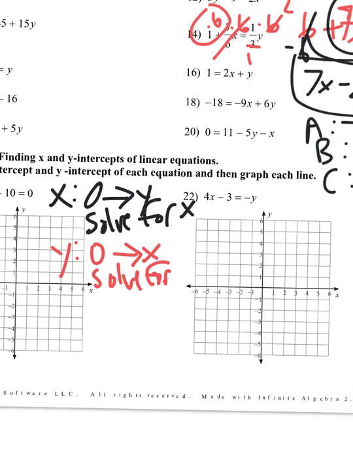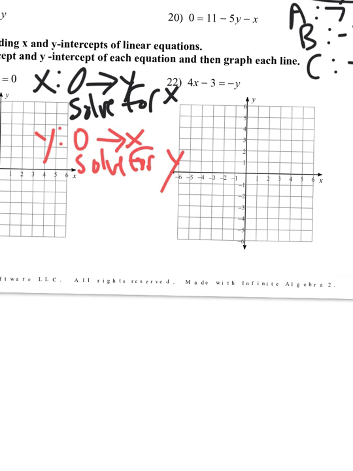for y. Okay, so if we look at number 22, which is the one we're going to do here, and actually I'm going to move down here a little bit. I'm going to do the work down here. So we've got 4x minus 3 equals negative y. So if I want to find my x-intercept, I want to put 0 in for y and solve for x.